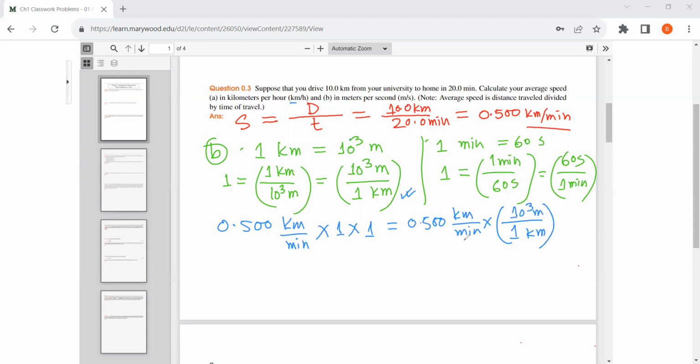And to cancel minute in the denominator, we need minute in the numerator, so the correct choice is this one.